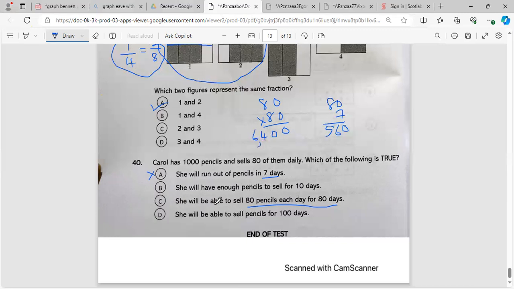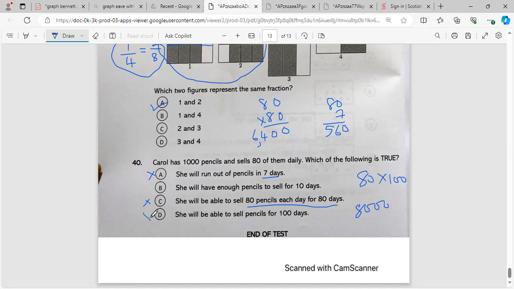So that couldn't be this either. She will have pencils to sell for 100 days? No way, because 80 times 100, remember each day, is 8,000. So it has to be this.